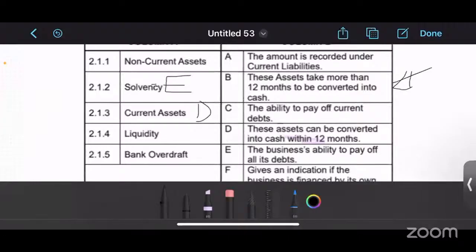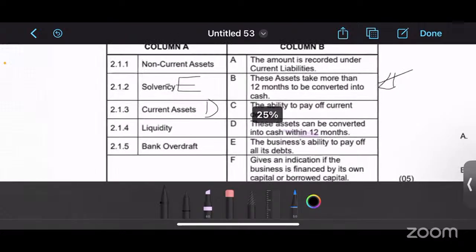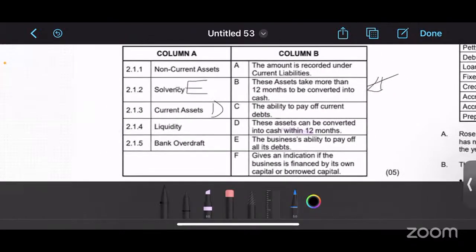We have A and F. For liquidity, ma'am, I think we have C. I think it's A. Liquidity is the amount recorded under current liabilities?